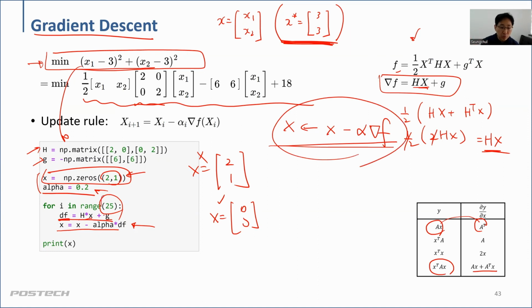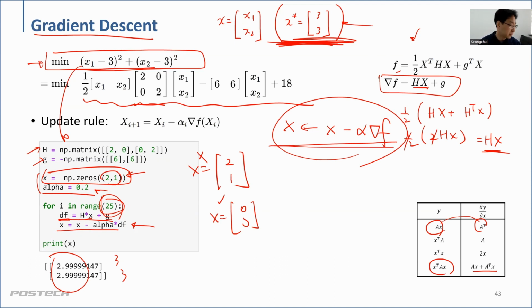How many times? 25 times, hoping that it reaches the local minimum. In this case, it's a convex quadratic problem, so hoping it reaches the global minimum. And it turns out almost, right? Remember that. So you can use gradient descent. I just showed you how to program gradient descent in Python.